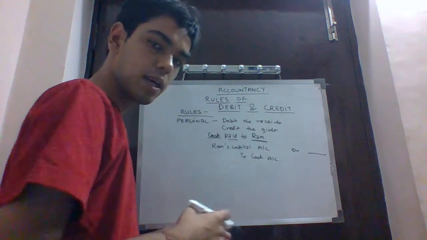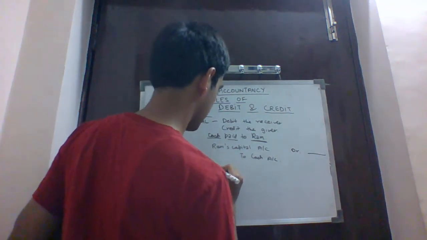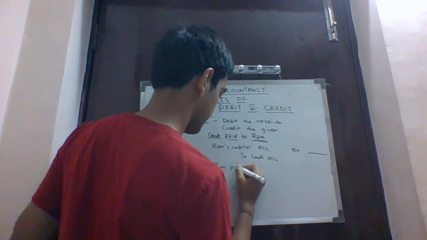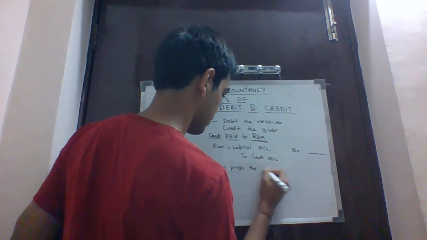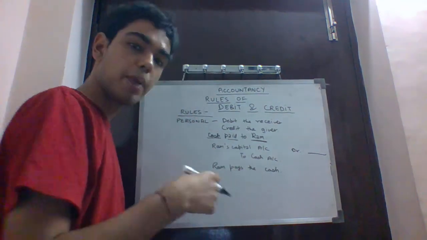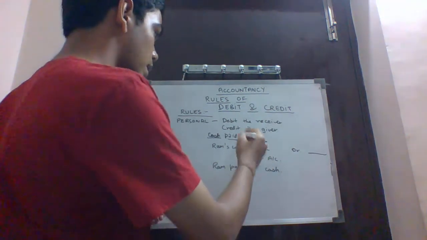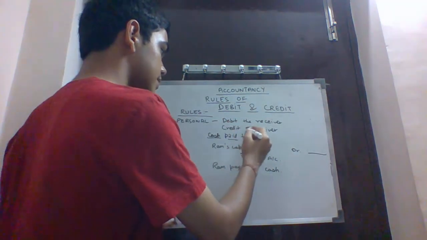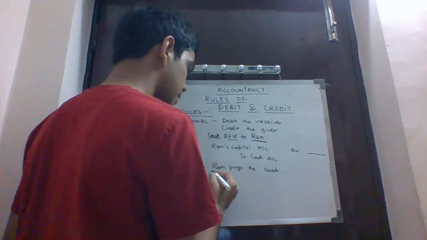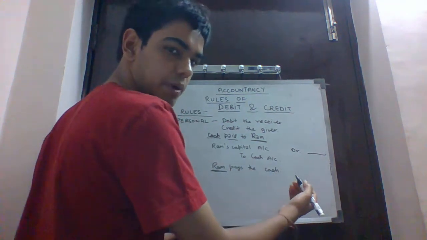Now if we take the opposite example, that is Ram pays the cash. So this time Ram is paying the cash, that is he is foregoing the cash. So according to the rule of personal accounts, that is credit the giver, he is the giver this time because Ram pays the cash, clearly said by the statement.